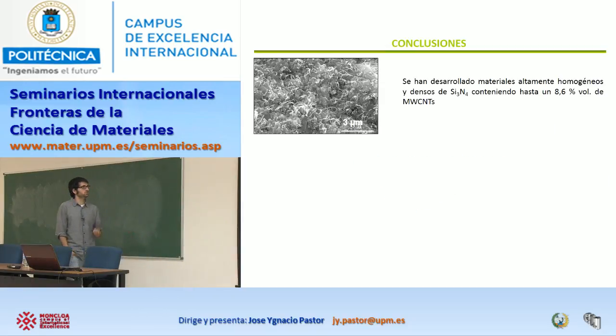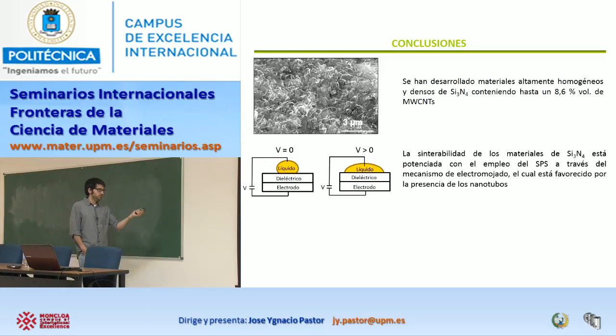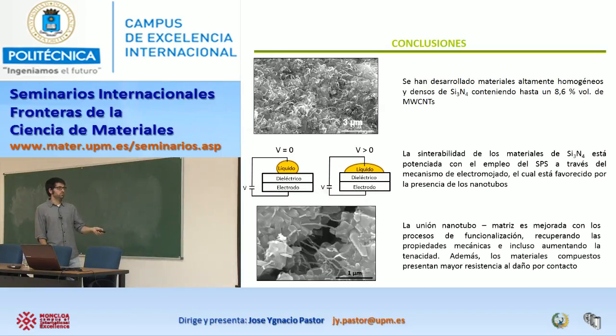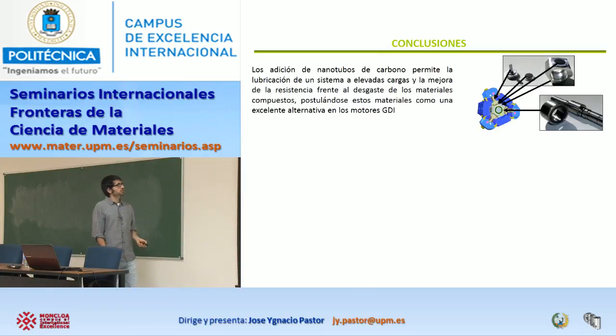Just the conclusion of the work: we really process homogeneous and dense silicon nitride with a really high content of nanotubes. This is about the wettability of the SPS, which for this presentation maybe doesn't have much sense. We also improved the adhesion between the nanotubes and the matrix to have this kind of reinforcing effect and increase the mechanical properties.